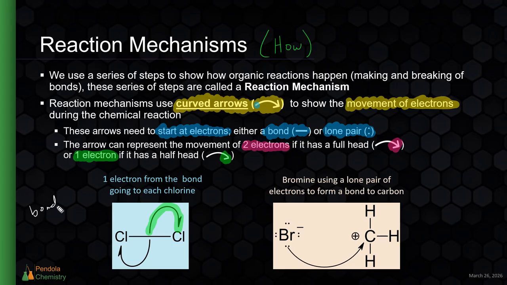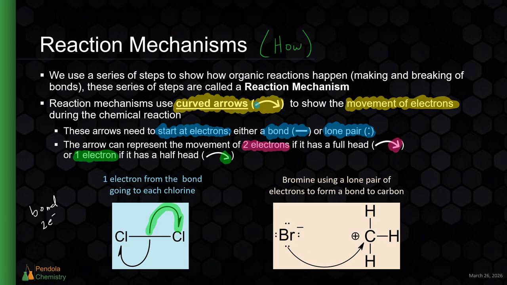A single bond is made out of 2 electrons. So one of the electrons in that bond is going to the chlorine on the right, and that's why we see this curved arrow that shows a half head, and it starts at the bond.